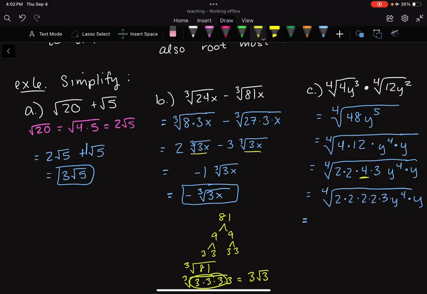I couldn't think of a perfect 4th, right? So I was like, well, let me just break it up. And now I have this one here, so I can take that out to the front. So that's going to be a 2 out here. This here can come out, y to the 4th divided by 4, right? It'd be y to the 4 over 4. So that's going to leave me with just a y. And then left inside is that 3 and that extra y. So sometimes the work doesn't look as nicely clean and polished, but that's okay.